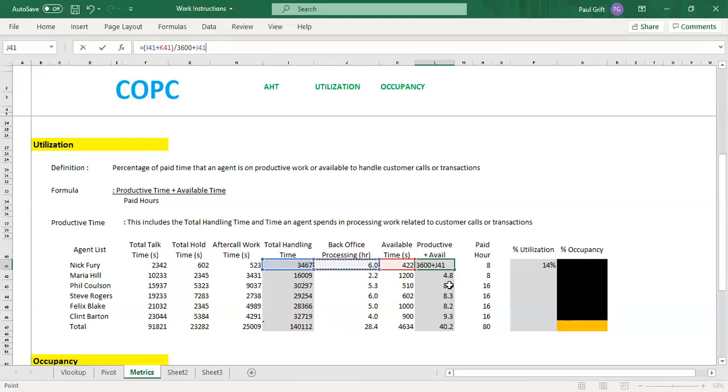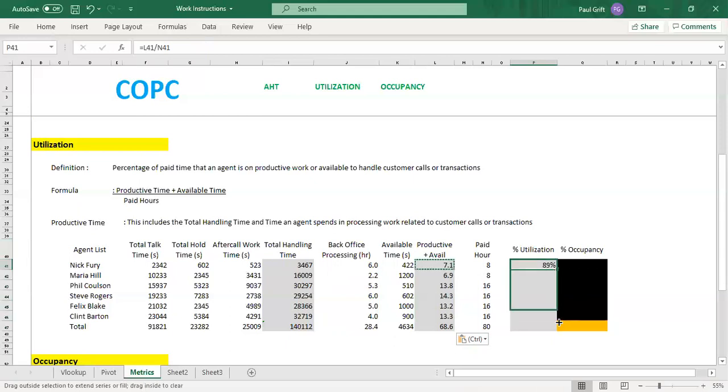Otherwise, I just computed the handling time in terms of hours. So let's include this, and then let's just copy. So we can see here that the utilization for Nick Fury is at 89%. Let's just copy it for the rest of the other agents.